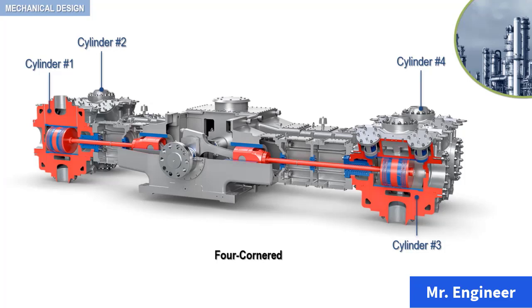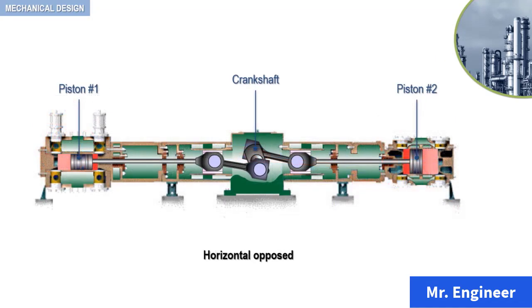The driving motor is mounted on the shaft between the frames. And finally, horizontal opposed reciprocating compressors, as depicted here, are multi-cylinder machines on opposite sides of the crankcase. They employ a multi-throw type of shaft with one crank throw per cylinder. In this arrangement, power is applied at the end of the shaft.